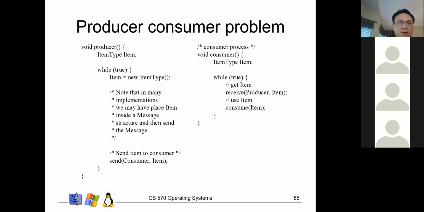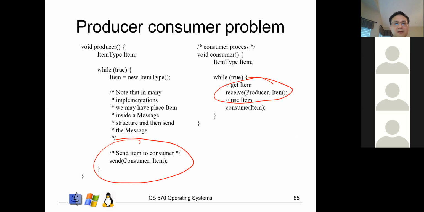You just need to call send and receive. The producer would call send, the consumer would call receive. And the buffer I just talked about and the communication between the sender and receiver are all managed by the library and the operating system, okay?